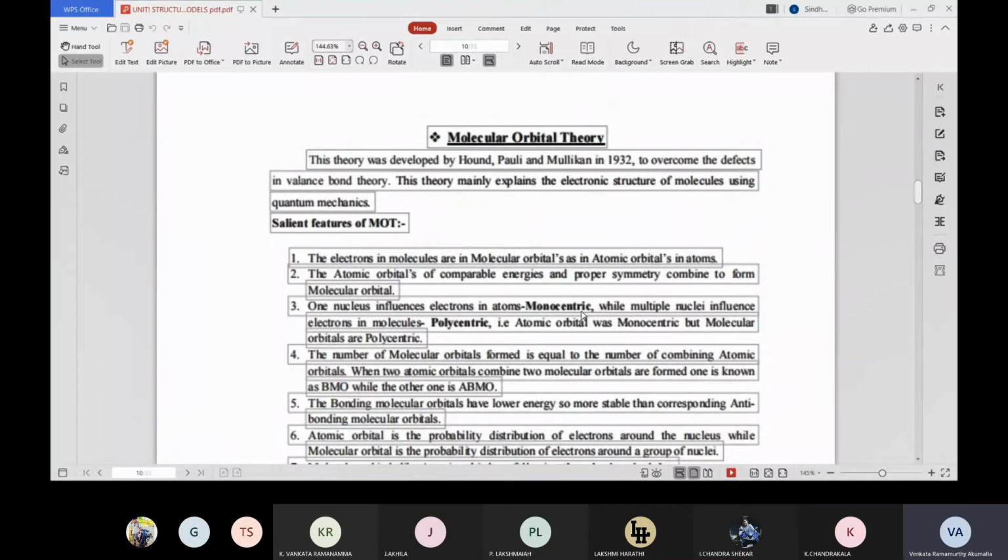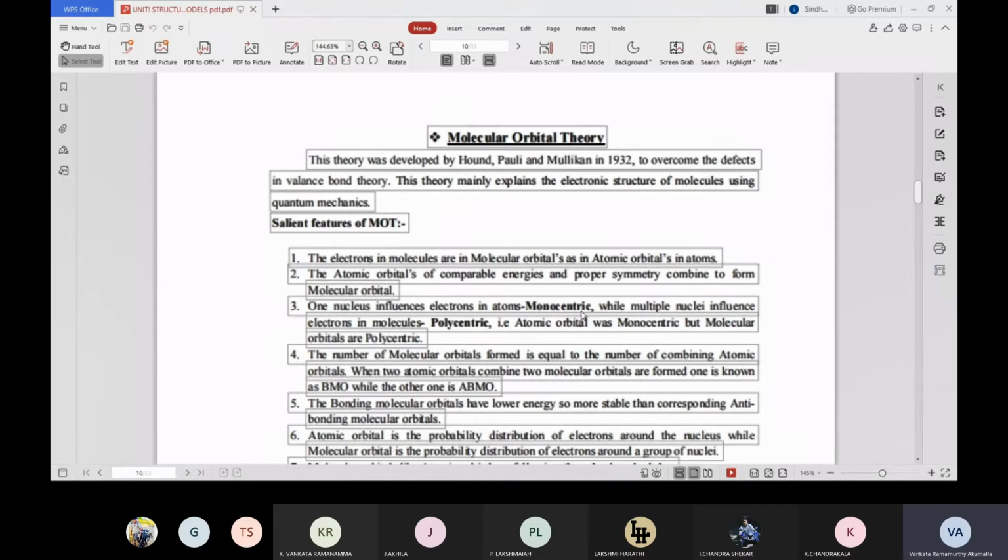Low energy means more stable in comparison with anti-bonding molecular orbitals.